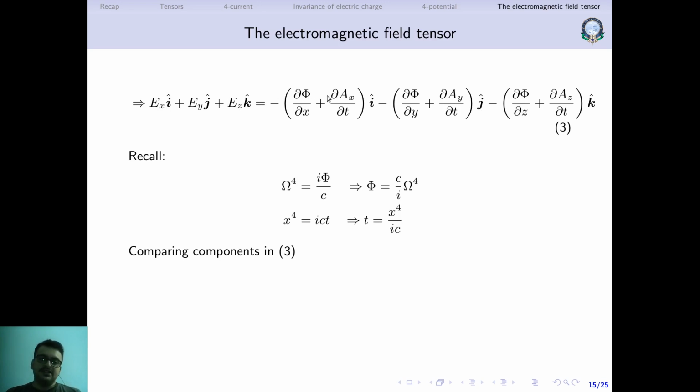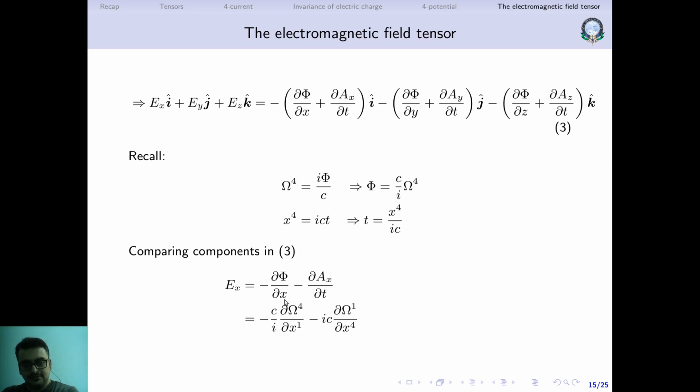So now we'll just compare these components. Ex i cap and this term into i cap means Ex must be equal to this entire thing: Ex equals minus dou phi by dou x minus dou Ax by dou t. Now phi is equal to c by i omega 4, so we just substitute here.